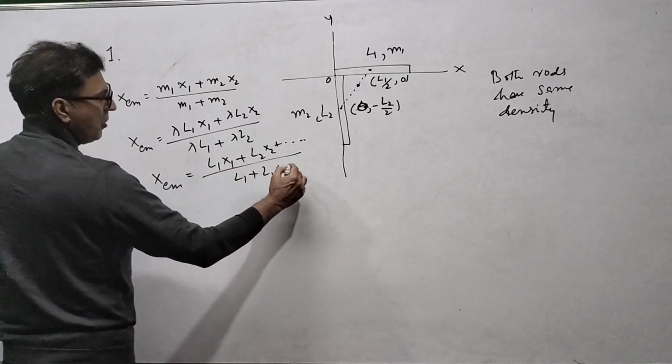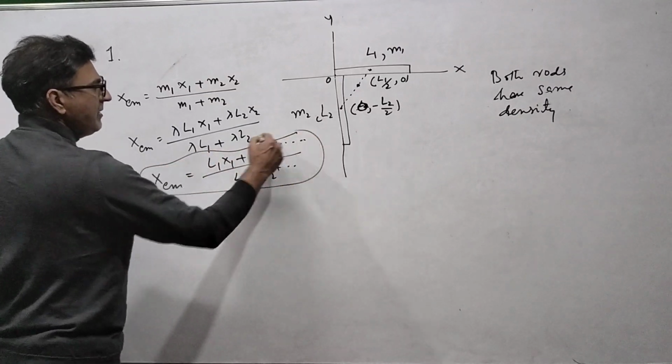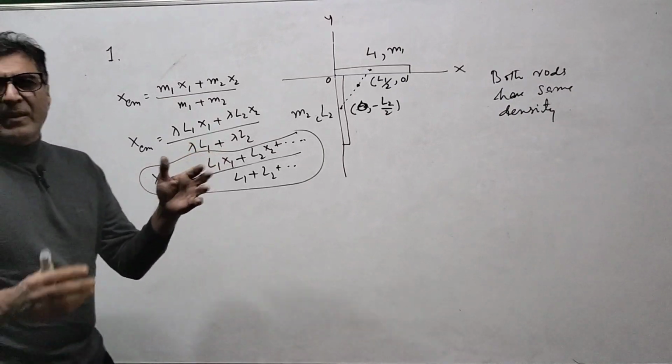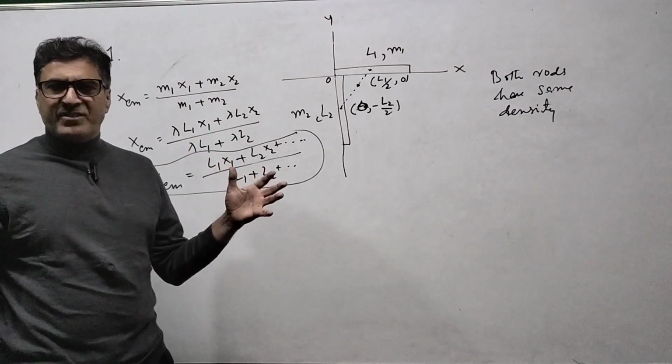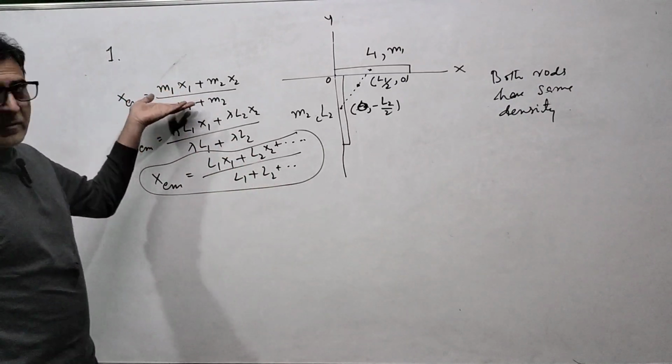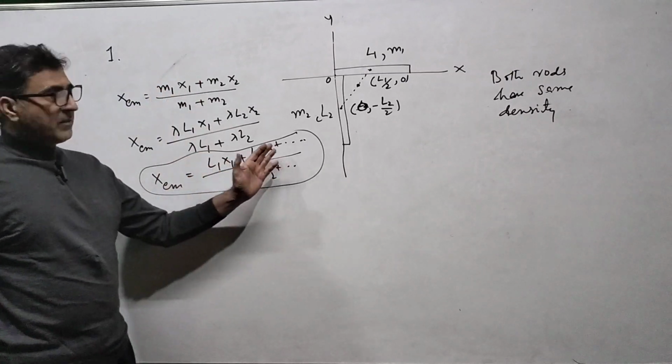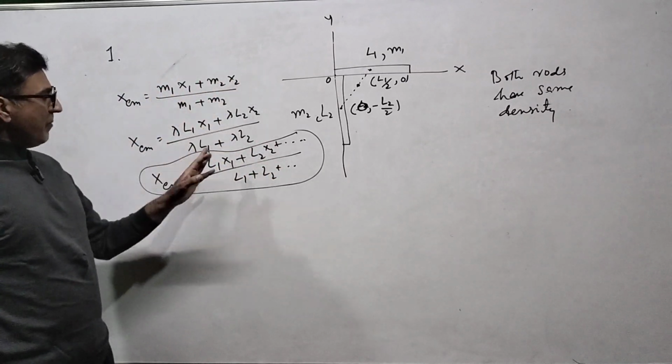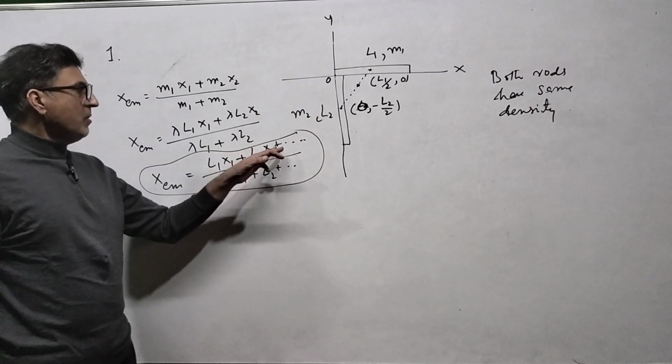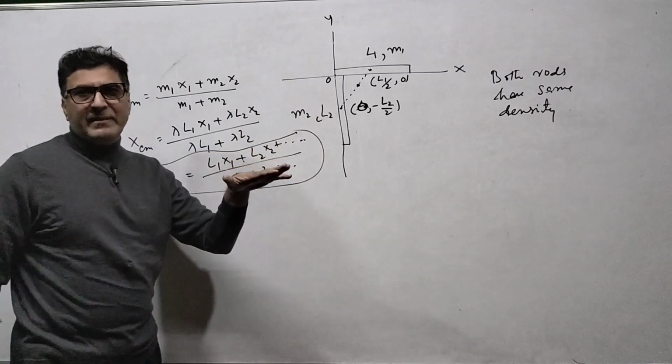So what have we learned from here? If we have length considerations, then the formula converts into lengthwise: instead of m1 x1, m2 x2, it will be L1 x1 plus L2 x2 plus so on, by the sum of the lengths.